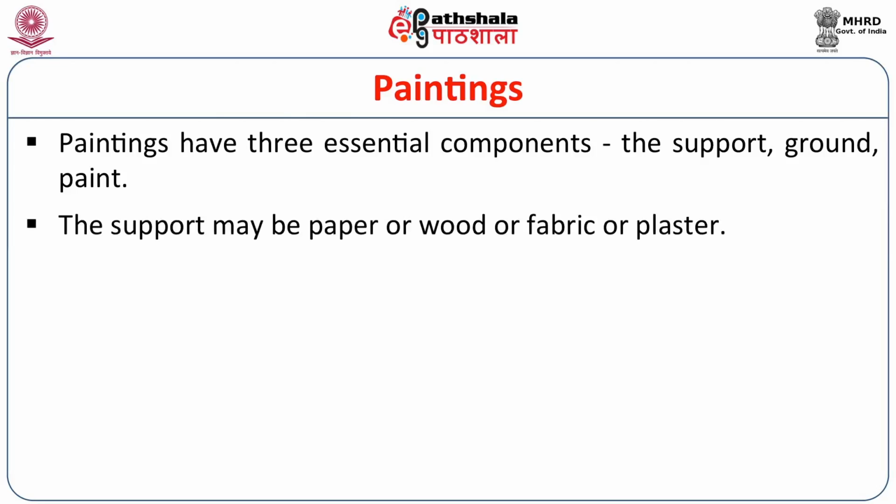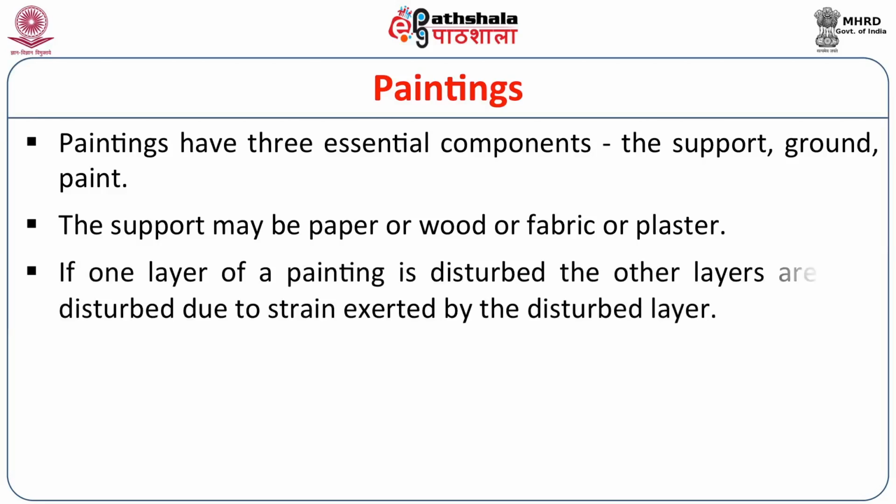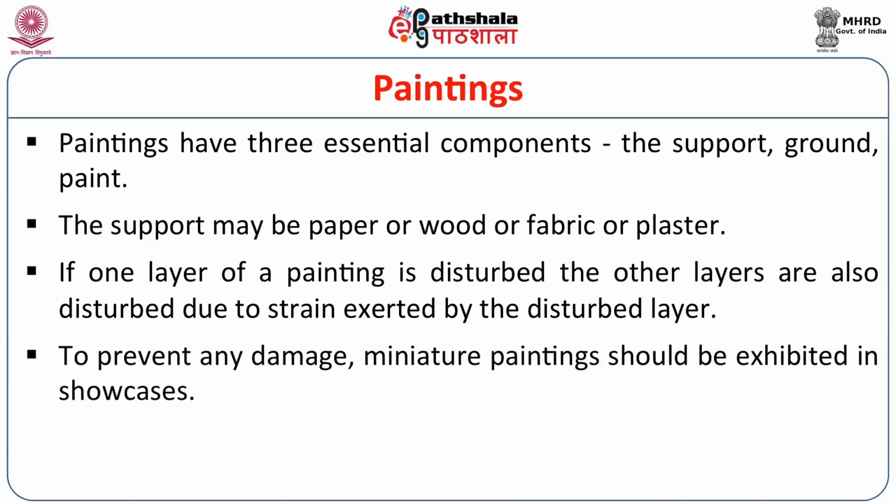The support may be of paper, wood, fabric or plaster. If one layer of painting is disturbed or deteriorated, other layers are also disturbed due to strain exerted by the disturbed layer. To prevent any type of damage, miniature paintings should always be exhibited in showcases.